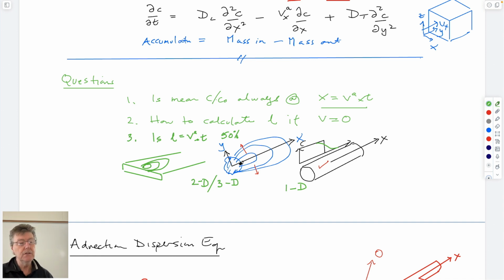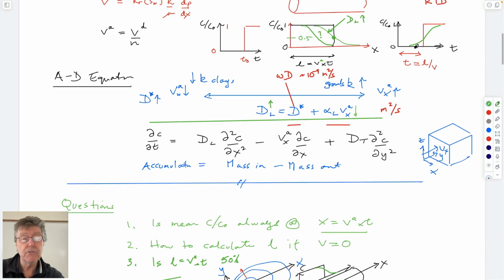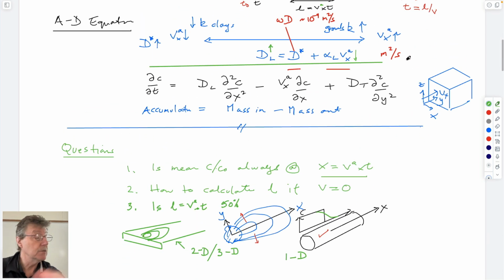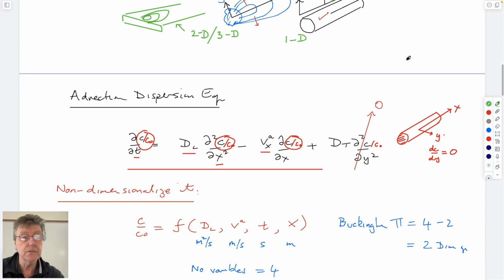Right? This is a plan view. You can imagine if it's a really thick reservoir or aquifer, then it would be changing in the vertical direction as well as in the lateral direction and the longitudinal direction. So that would be the difference between 2D, if it's a very thin aquifer, or 3D if it's a very thick one. And so how do we get these relative concentrations and these residence time distributions as they come through the other side? That's what we're attempting to do.